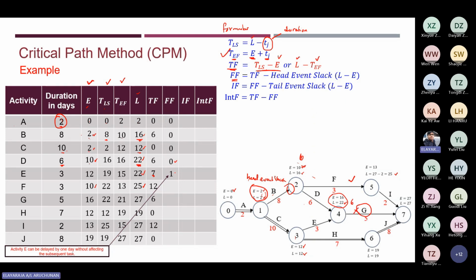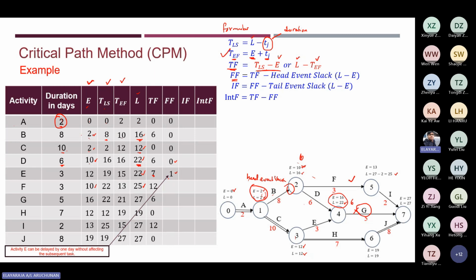That's what the 1 means. When you calculate the free float, it says the successive event, the following event G, will not be affected if you delay activity E by 1 day. That's what it means.